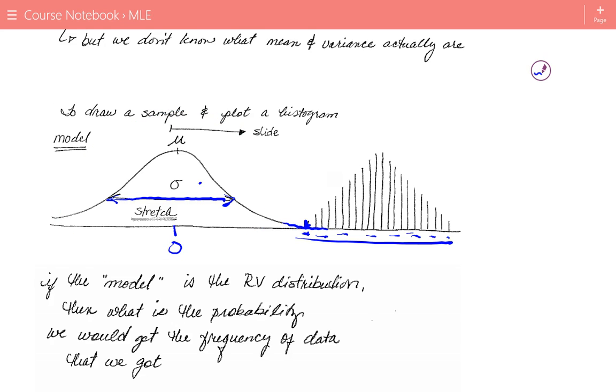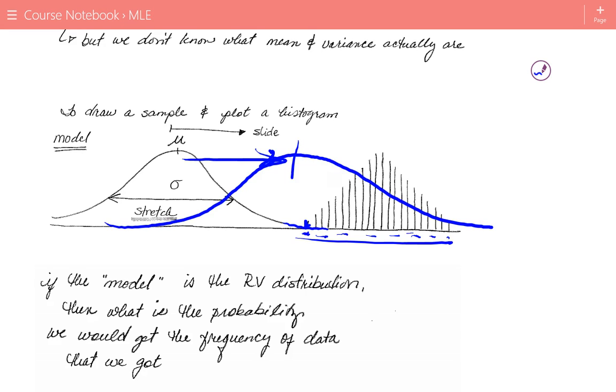Well, so what might we do? We might say, let me erase a little bit here. Let's move this distribution this way a bit. And maybe we consider this distribution, which doesn't look normal, but let's pretend it is normal for the moment. We could calculate the probability with this mean and this standard deviation of producing this histogram of data, and it's going to be a lot larger. You notice that the values of x are now much more common relative to the density specified by this curve.